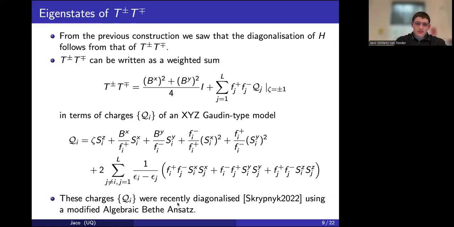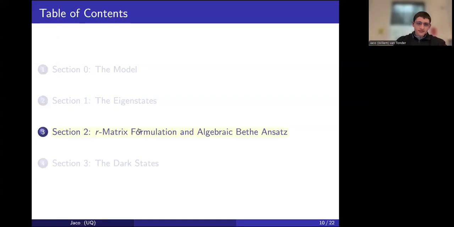So we can directly use those results to find the eigenstates for these operators and then obtain the eigenstates and specifically the dark states for the central spin model. So next we'll briefly look at how the algebraic Bethe ansatz is done and how one obtains these charges via the classical r matrix.